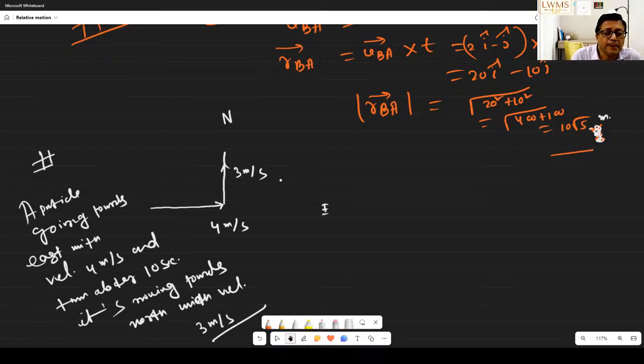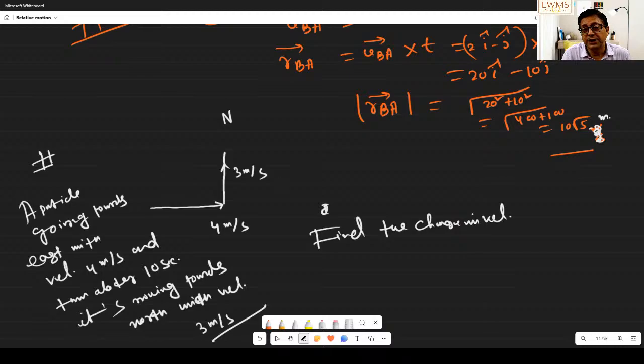Okay. Now the question is, find the change in velocity. Here only one particle is involved. Find the change in velocity, and number 2, the acceleration produced.